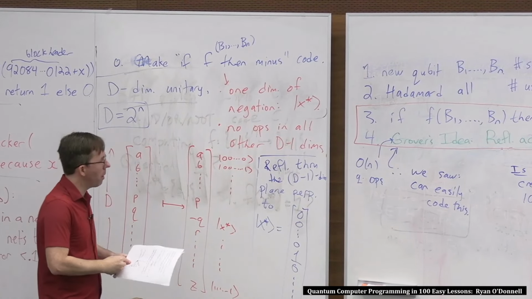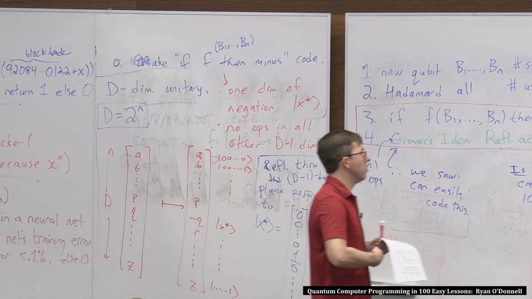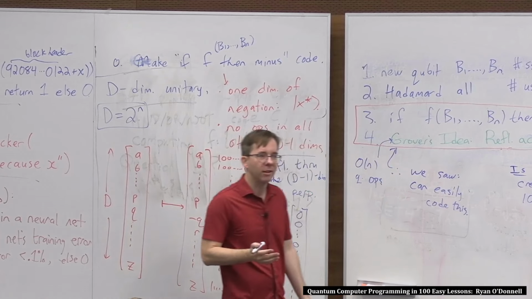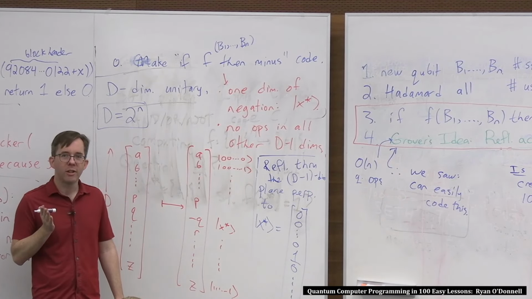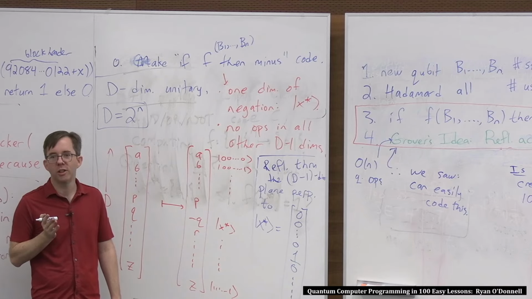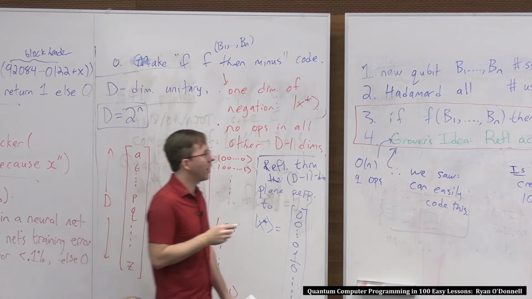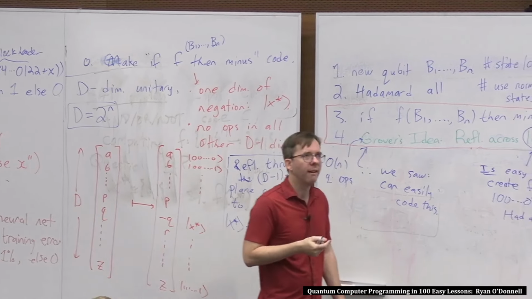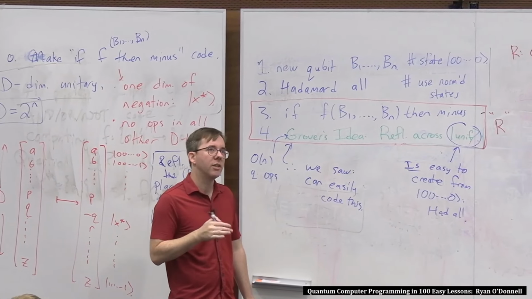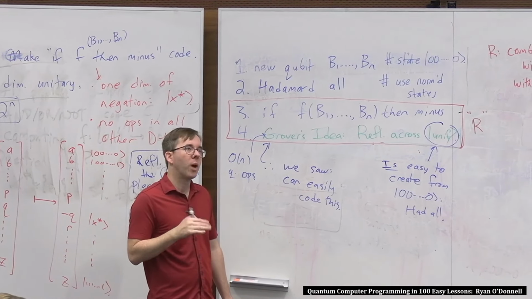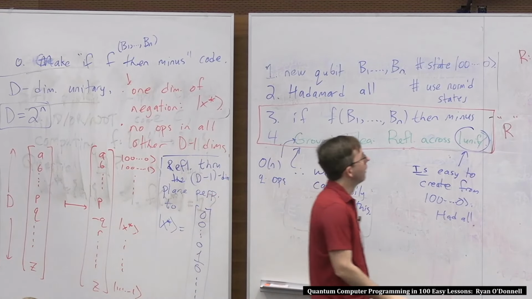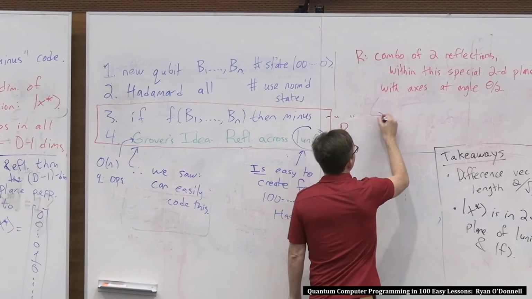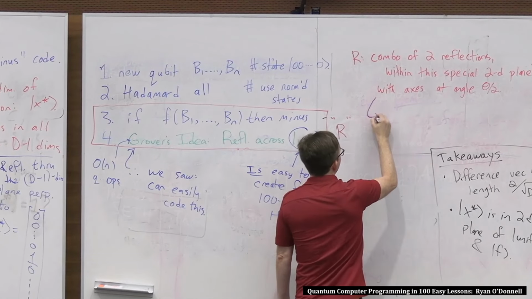I doubt you remember this all the way back to lecture 10, but in lecture 10, we thought a little bit about two-dimensional geometry, and we noted that the combination of two reflections is a rotation. It's a simple fact. Two reflections equals a rotation. And how much of a rotation is it? It's twice the angle between the reflection axes. We'll see it in the picture in a second. If you forget this, it's okay.